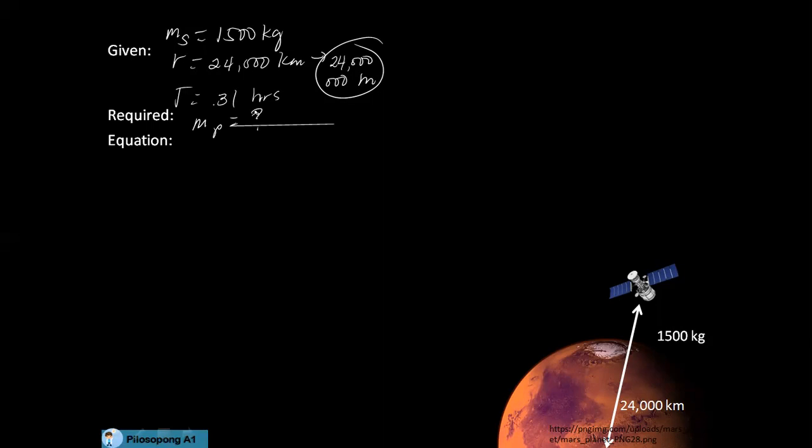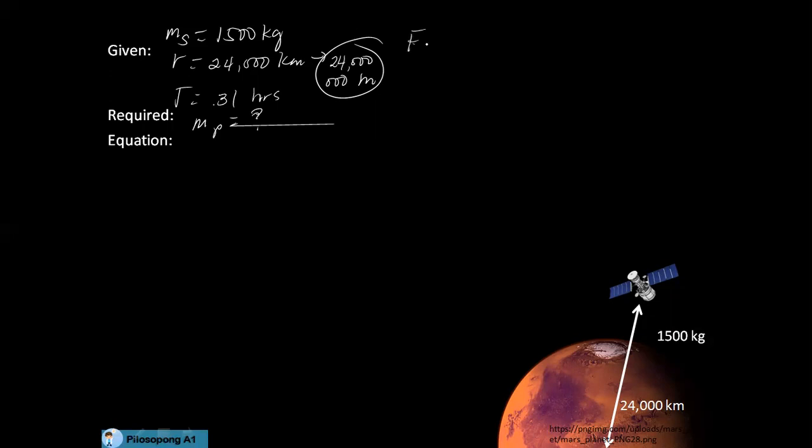We need to remember that this law is related to other concepts, an extension of the second law. Since it's a planetary motion, we can use the equations for uniform circular motion. So let's write first our basic equation.